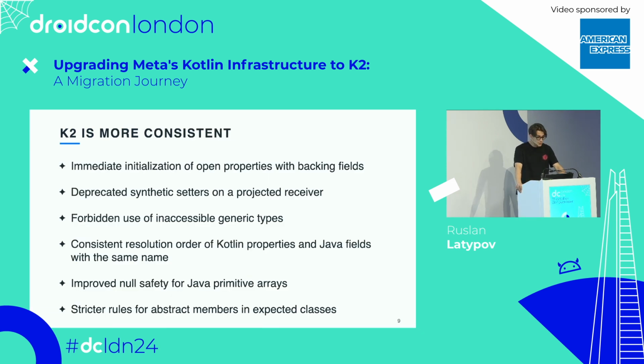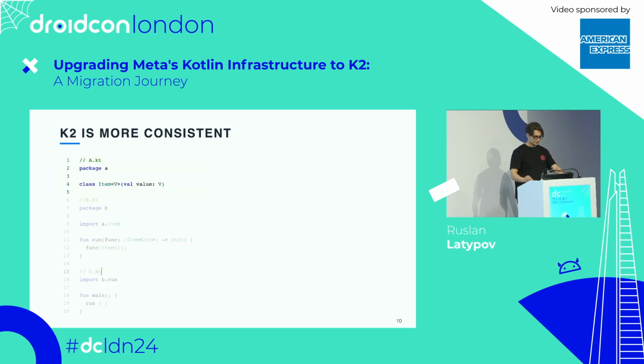K2 has introduced a number of changes which made it more consistent, and the compiler's behavior is more predictable in comparison with K1. You can read more about these changes in the K2 release notes. Let's get to an example. We have a module A defining a simple generic class.